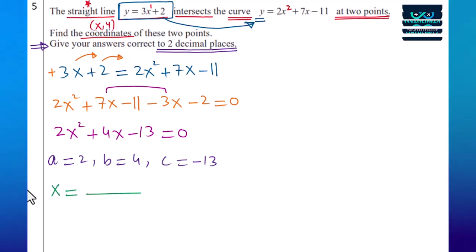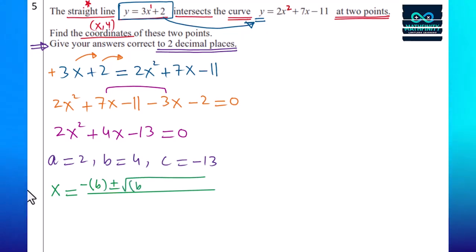The formula will be given to you in your formula sheet. x equals negative B plus or minus the square root of B squared minus 4AC, and down in the denominator, 2A.